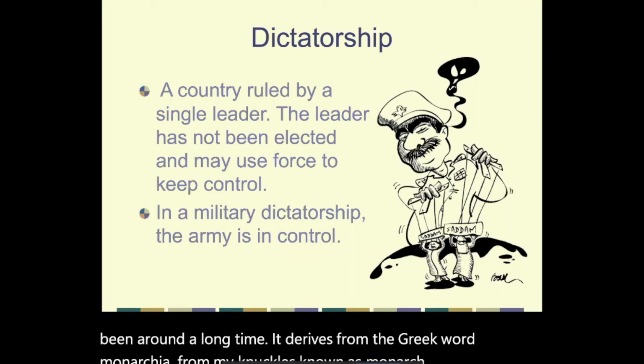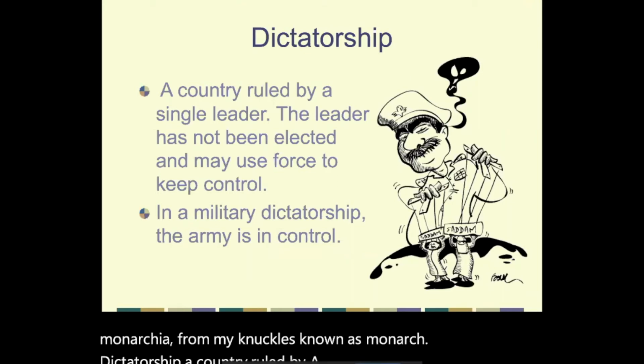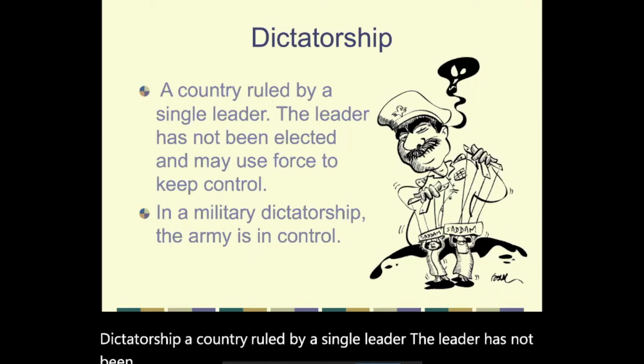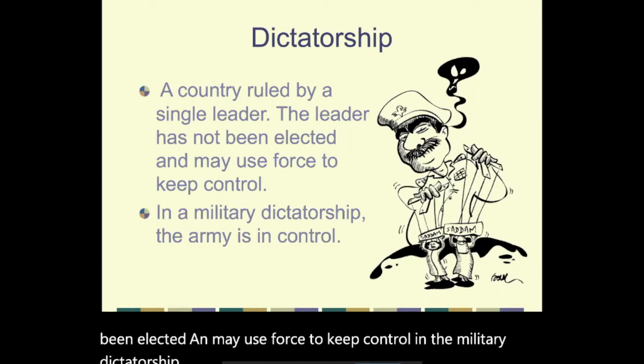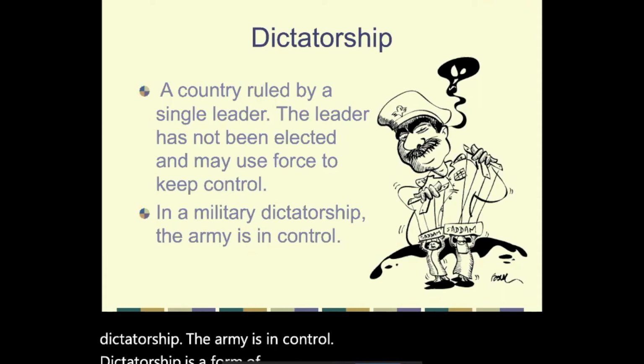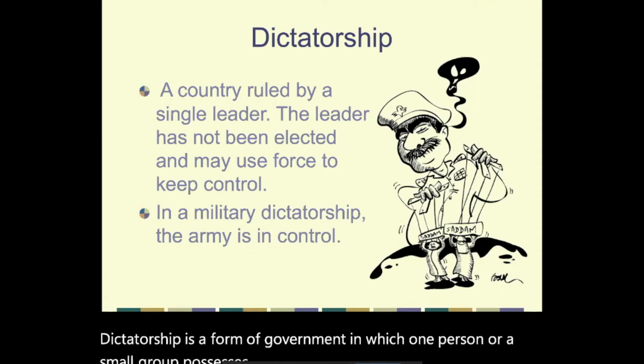Dictatorship, a country ruled by a single leader. The leader has not been elected and may use force to keep control. In a military dictatorship, the army is in control. Dictatorship is a form of government in which one person or a small group possesses absolute power without effective constitutional limitations.